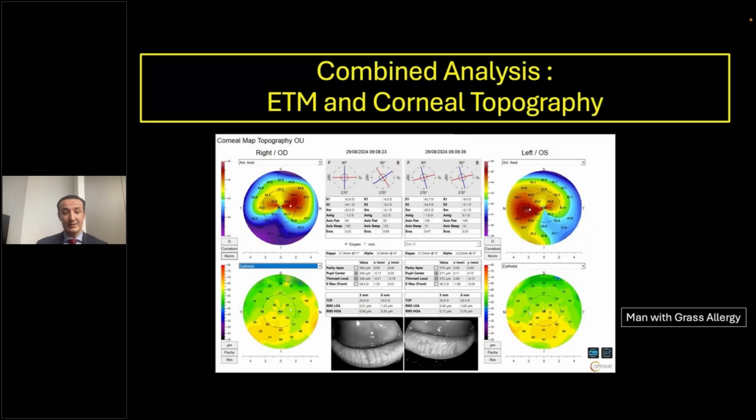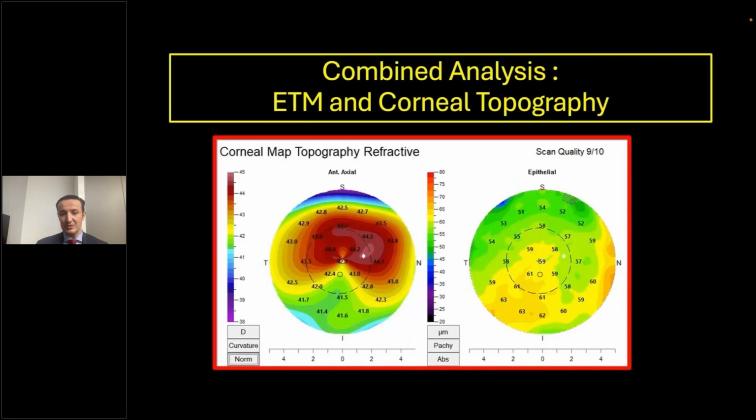Another case with corneal asymmetry and hyperplasia in the inferior part, with hyperplasia correlated with the severity of the meibomian gland dysfunction. And look here, you can make a superposition of this hyperplasia on the corneal topography, explaining the curvature changes due to the epithelium thickening.